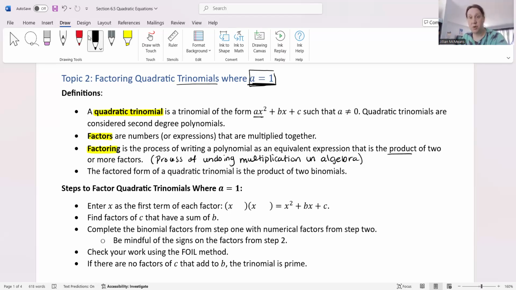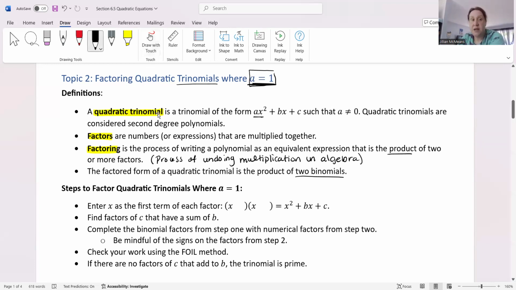You're undoing the multiplication process. So in the previous video, we looked at multiplying 2 binomials with the FOIL method. In this video, we're going to look at undoing that. We're going to take a trinomial and rewrite it as the product of 2 binomials, okay? So the factored form of a quadratic trinomial is the product of 2 binomials. So we're going to undo what we did in that first video, okay?